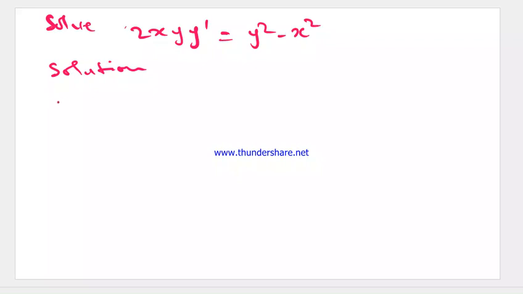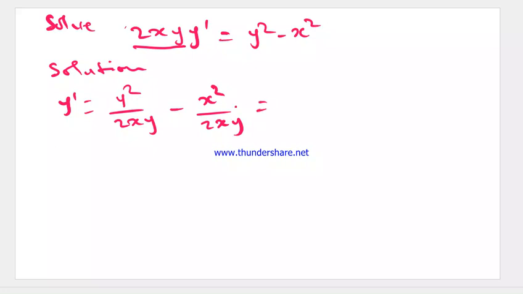Let's simplify it first. It means y prime is equal to, you divide through by 2xy, y square over 2xy minus x square over 2xy. If you simplify that, we cut y here, we have y over 2x, and we cut x here, we have x over 2y.